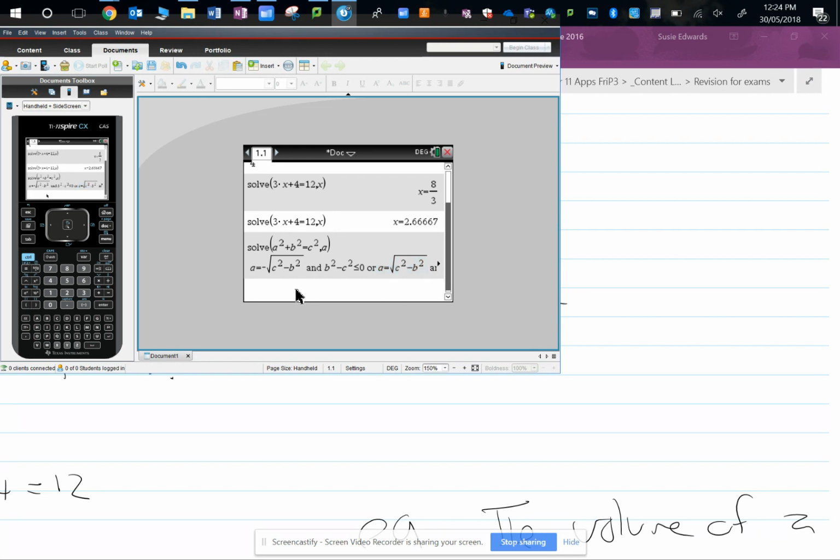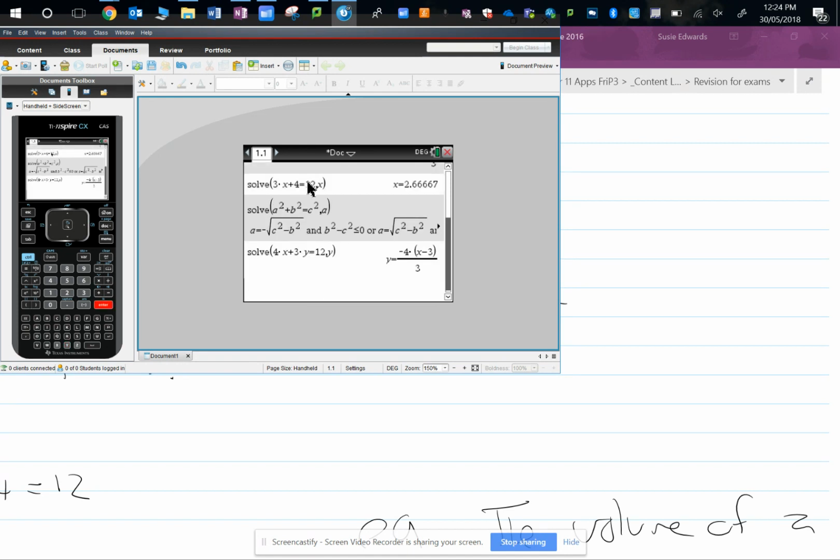So we can rearrange anything. I could do solve, bracket, 4x plus 3y equals 12. If I want to make it so that that equation has y at the front, I just go comma y. It will rearrange that equation for me. Any time you need to rearrange an equation so it's got something else at the start, you can use solve to do that.